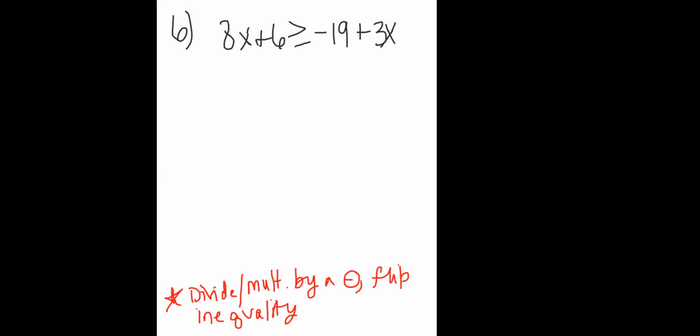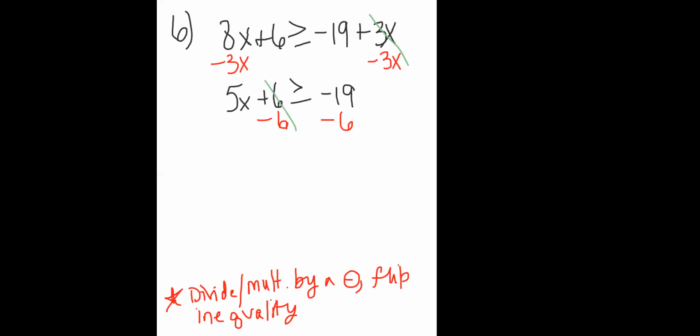So we're going to subtract 3x from both sides. The 3x's cancel. You get 5x plus 6 is greater than or equal to negative 19. Subtract 6 from both sides.